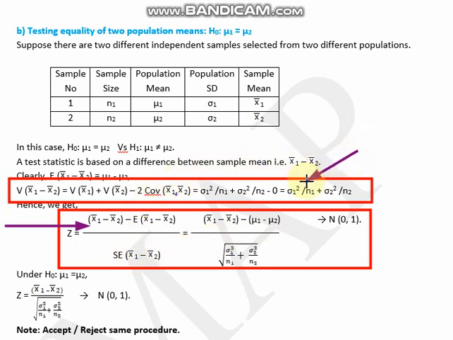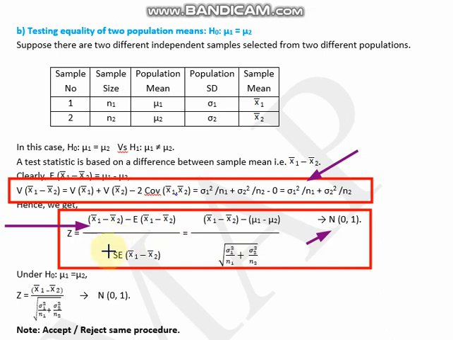So what is my z statistic in this case, since it is a large sample test? x bar 1 minus x bar 2 minus (mu1 minus mu2) divided by square root of sigma 1 square upon n1 plus sigma 2 square upon n2, and it follows a normal with mean 0 and variance 1.